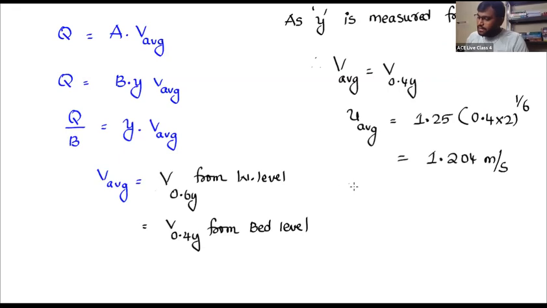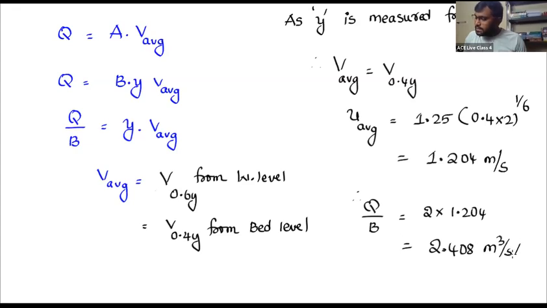Once you get this value, what is the discharge per unit width? The discharge per unit width is nothing but y, which is 2, into V average 1.204, which is 2.408 meter cube per second per meter.